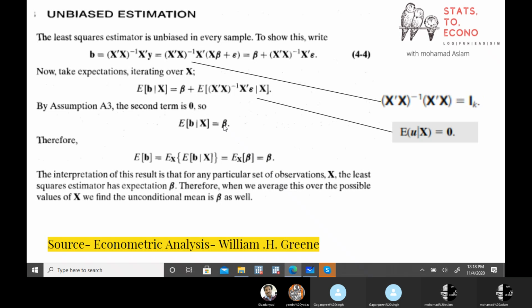So in the matrix method, it's not required one by one. For the whole matrix, if you can prove that, that's sufficient. Any doubt here? Just two tricks are here. One, the identity matrix property we are using. And the other is that since x is fixed in repeated sampling, it's a constant term, so it comes out of the expectation, and the expectation remains only with the residual term.